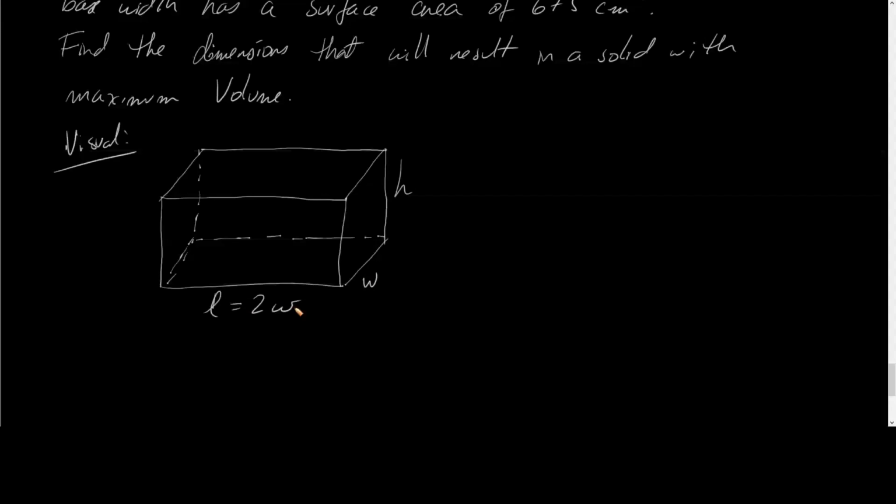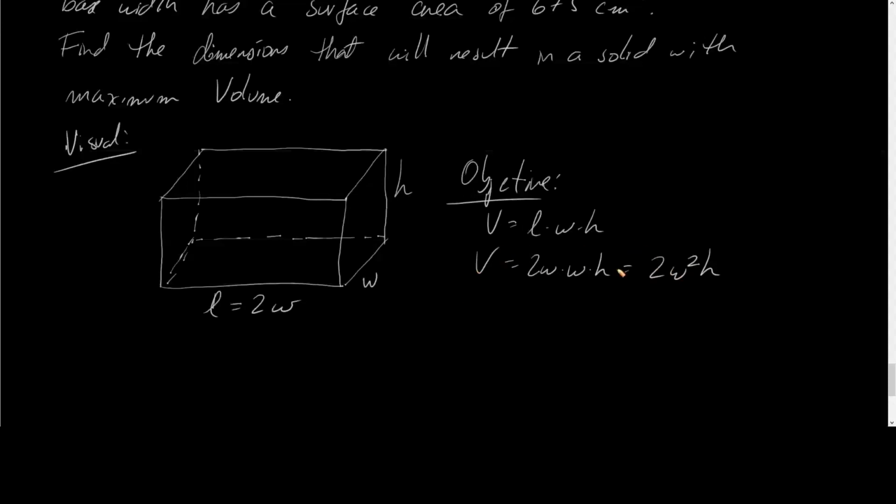What we know is that the base length is twice the width, all right? And well, let's see. What is our objective? The objective is to maximize the volume. So what's the volume of this? The volume is length times width times height, which in this case, well, we know the length is 2w, so we have 2w times w times height. So we've got the volume being 2w squared times h.